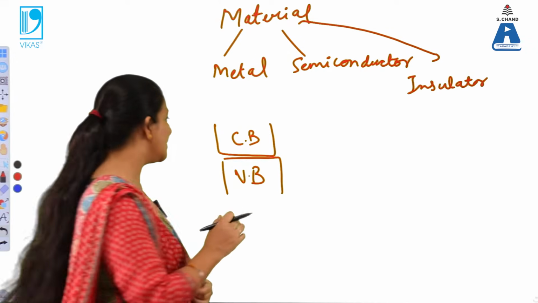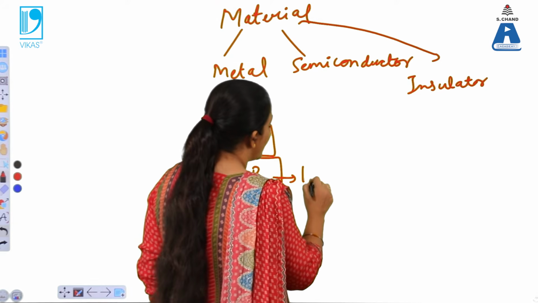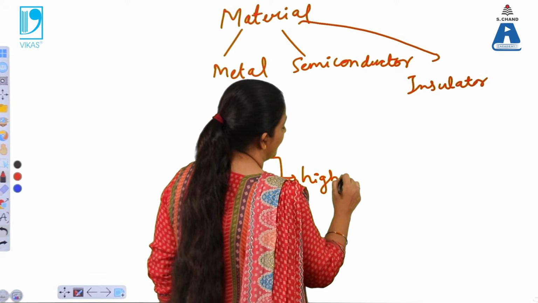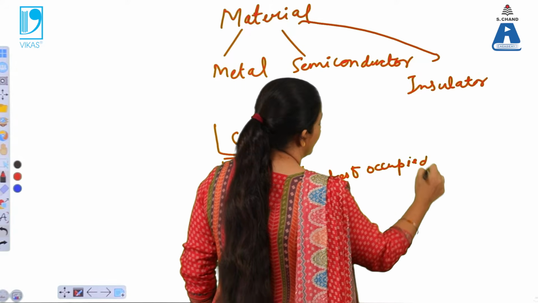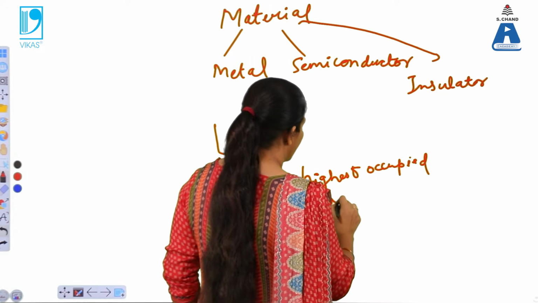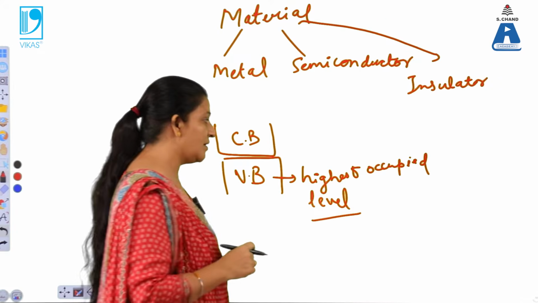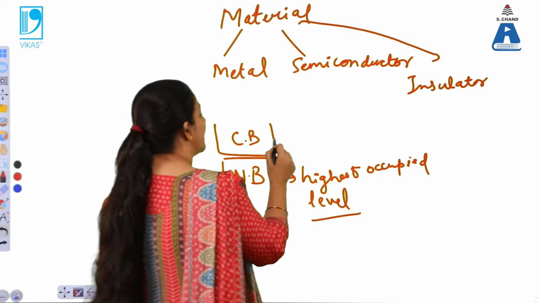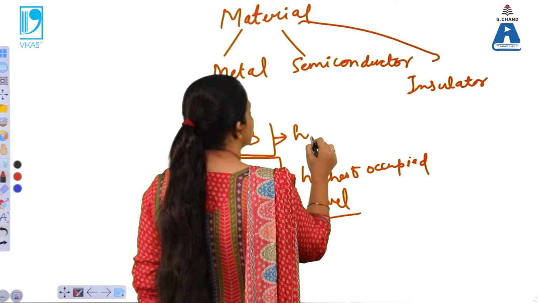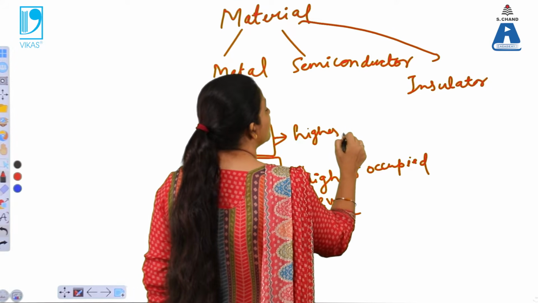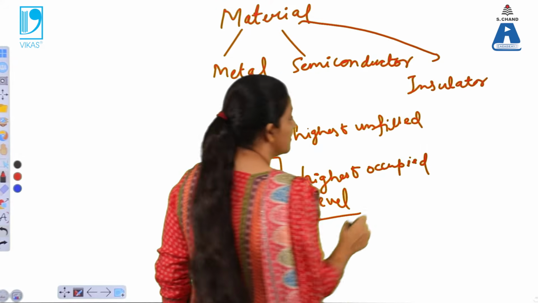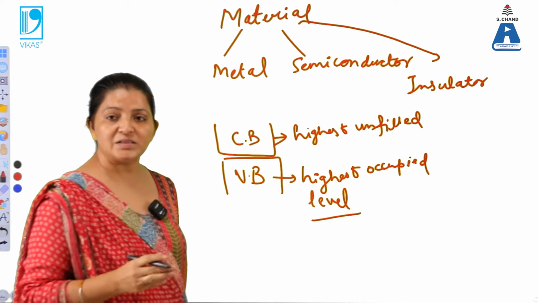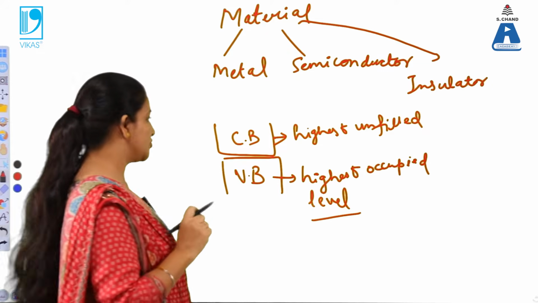What is the valence band? It is defined as the highest occupied band or level. Now the conduction band is known as the highest unfilled band in the given material.